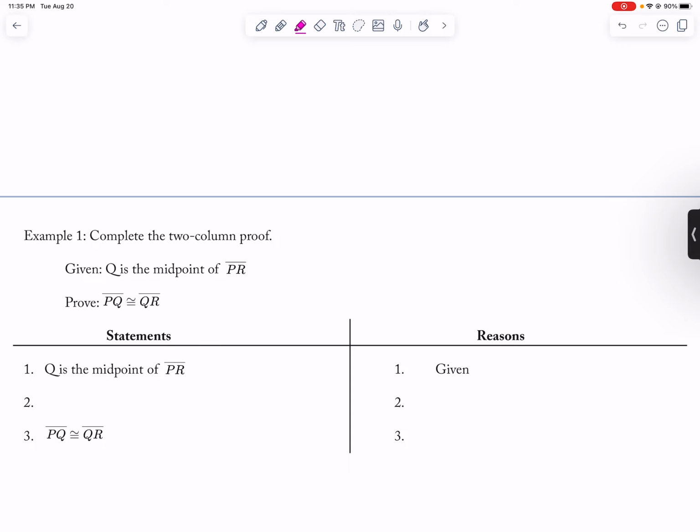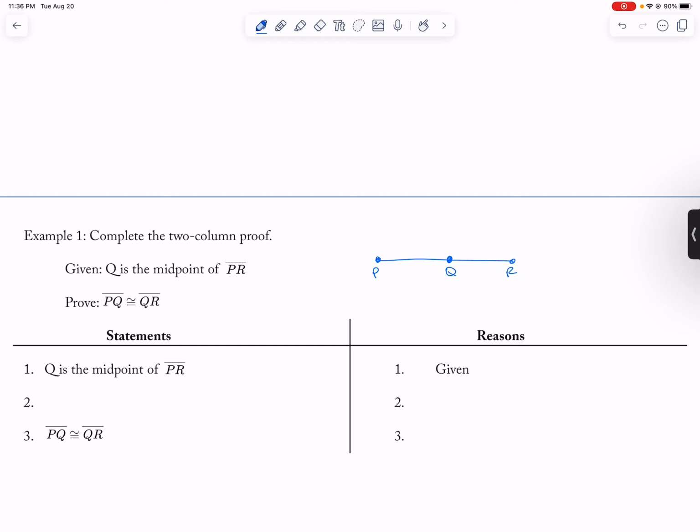So here, my first example, I don't have a picture, so I'm going to try to draw one. And I'm very bad sometimes at drawing when I don't have a ruler. Let's see. It says P to R, and Q is the midpoint.